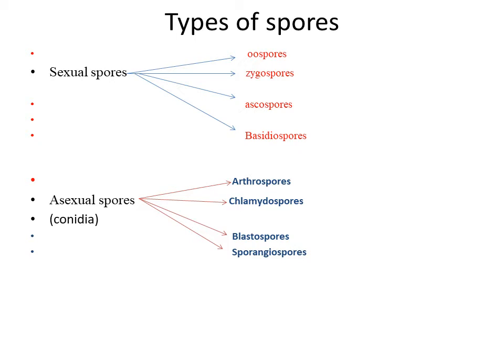Arthrospores are a very primitive spore type formed by the breaking up or disarticulation of fungal mycelium. Second, chlamydospores are thick-walled spores formed within hyphae, whereas blastospores are a bud coming off the parent cell.